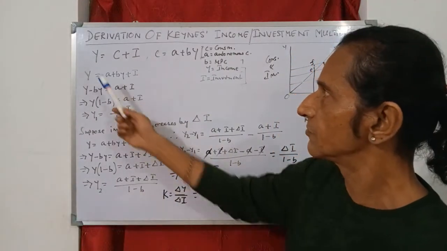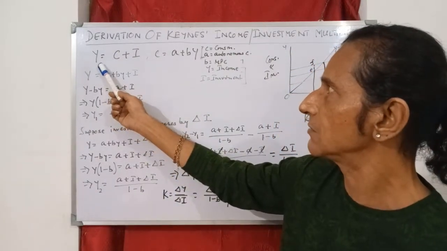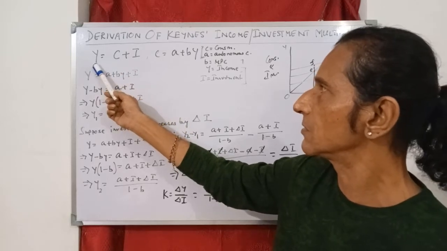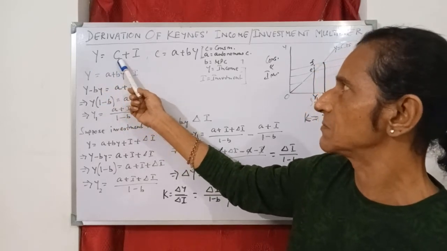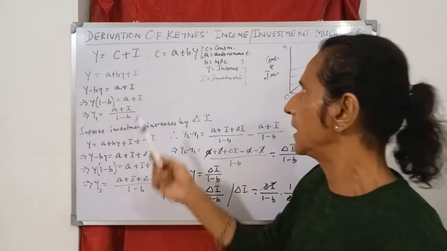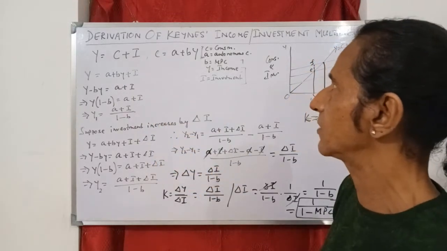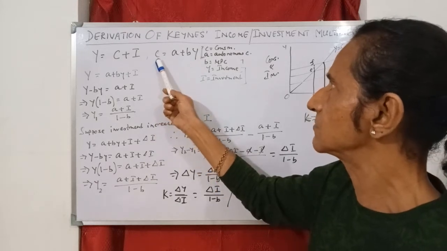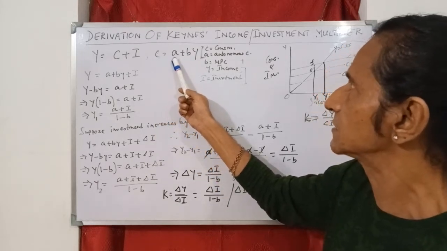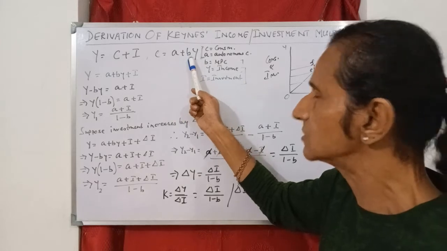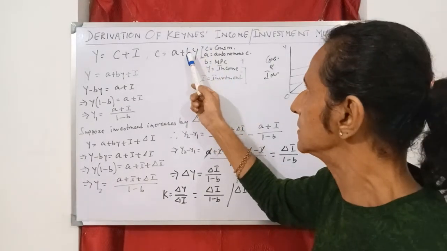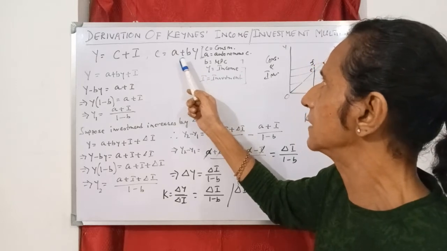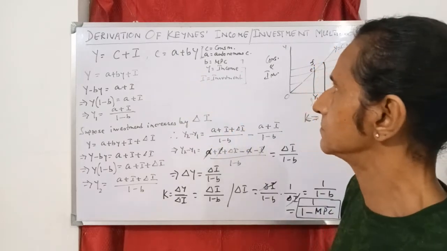What we have done, first we have taken the main equation y equals c plus I, that is aggregate income equals total consumption plus investment, and we know from Keynes consumption function that c equals a plus by, where c is total consumption, a is autonomous consumption, and by is induced consumption, where b is the marginal propensity to consume or MPC.